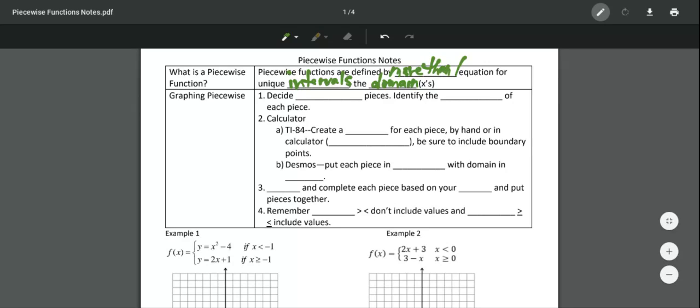And in order to decide, we have to first decide how many pieces we want. So how many different pieces are part of our drawing, okay? And then we identify the parent function of each piece.